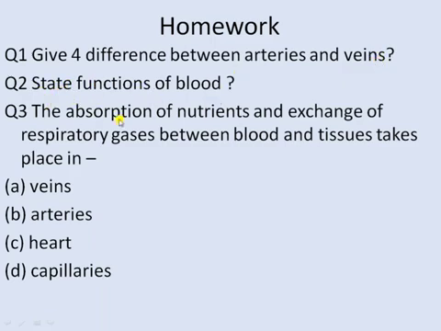Third one is, the absorption of nutrients and exchange of respiratory gases between the blood and tissues takes place in: first option veins, second option arteries, third option heart, fourth option capillaries. Okay, and fourth question is, write down the observations of activity first and activity second and perform these activities at your home.